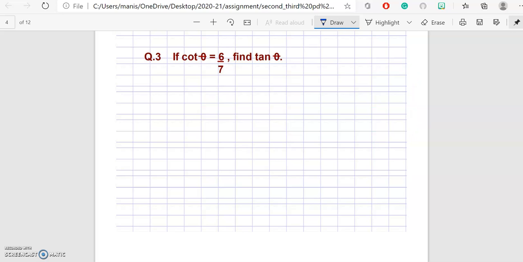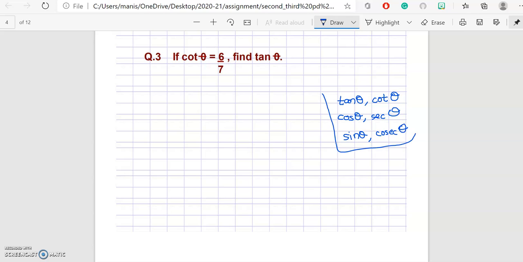Don't just flip. If cotangent theta is 6 over 7, find tangent theta. As you all know, tangent theta and cotangent theta are reciprocal, cosine theta and secant theta are reciprocal, sine theta and cosecant theta are reciprocal.